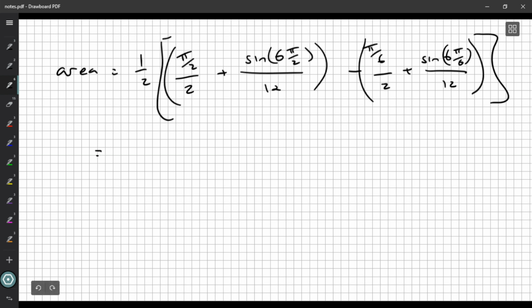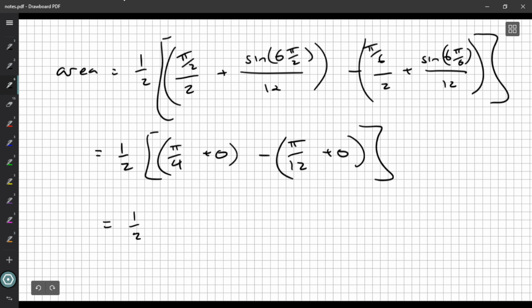Okay, so we work those out. It'll be pi by 4. Now, 6 pi by 2 is 3 pi, and sine at 3 pi is 0, so we can just ignore that part. And then minus pi by 6 over 2, so that's going to be pi by 12, plus 6 pi by 6 is just pi. Sine at pi is again 0, so we can ignore that part.